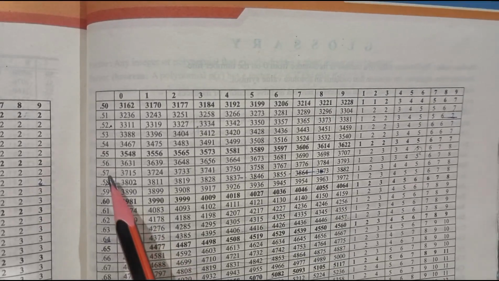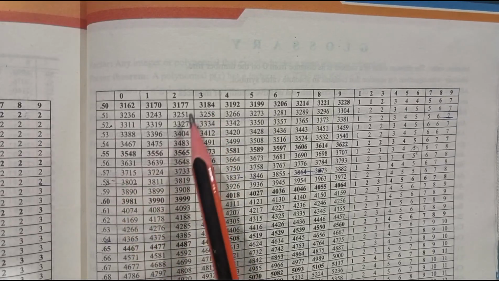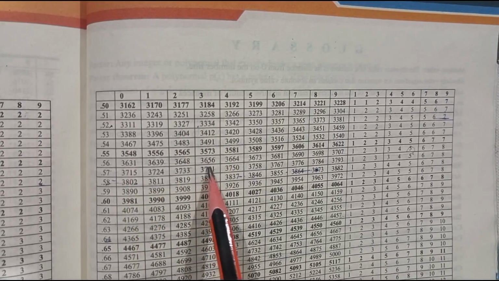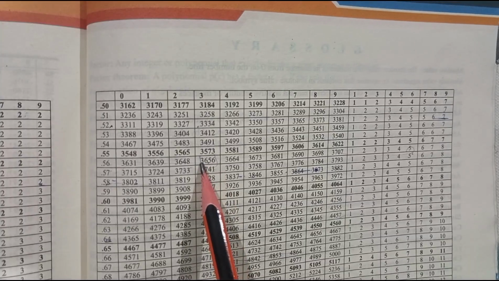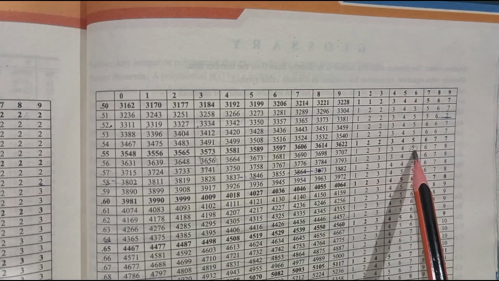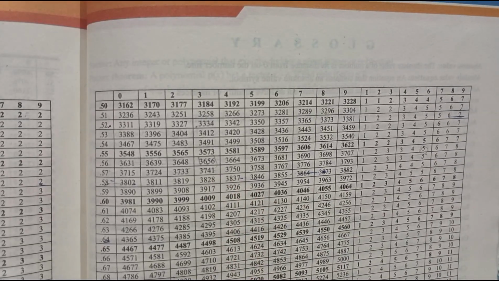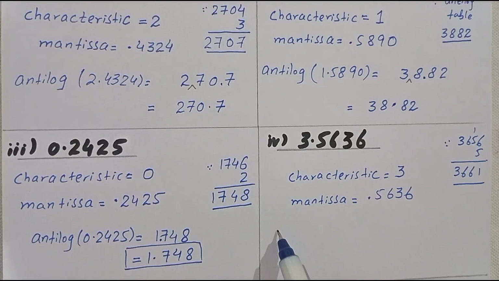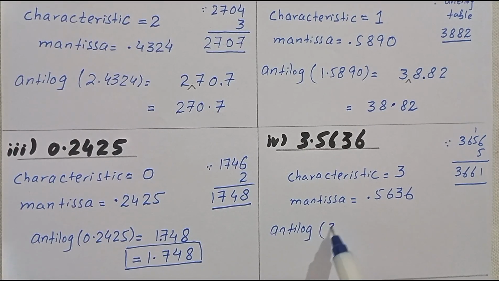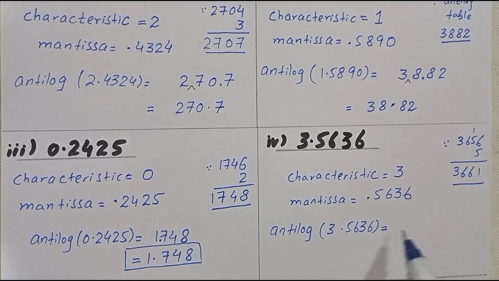The value of 0.56 in the third column is 3656, and looking into the sixth column, the value is 5. So we add 5 to 3656. So the antilog of 3.5636 equals 3661.